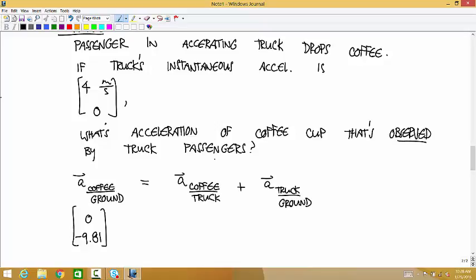Okay, so this is the acceleration of anything in free fall to an inertial coordinate system, to an observer on the ground. We're trying to calculate the acceleration of the coffee relative to the truck. And the acceleration of the truck relative to the ground is given. This is in meters per second squared.